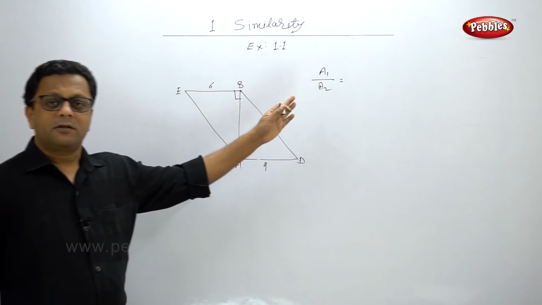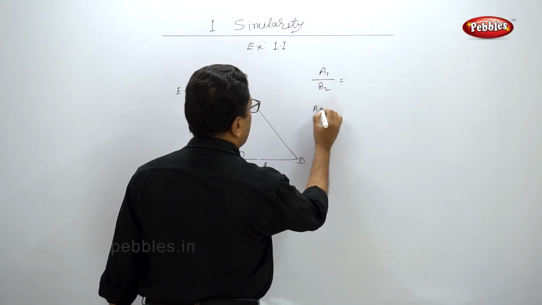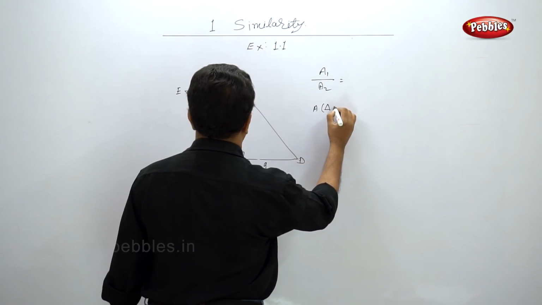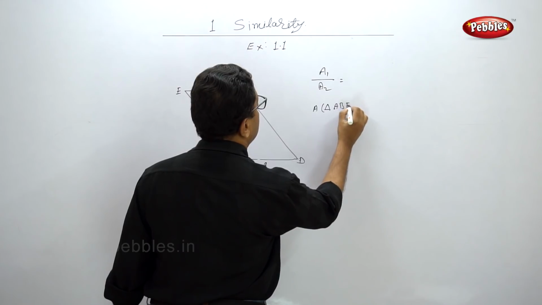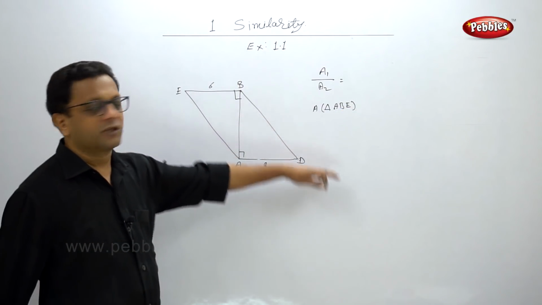Why do we have to write this? You can write the area of triangle ABE each time, because there are only 2 steps here.